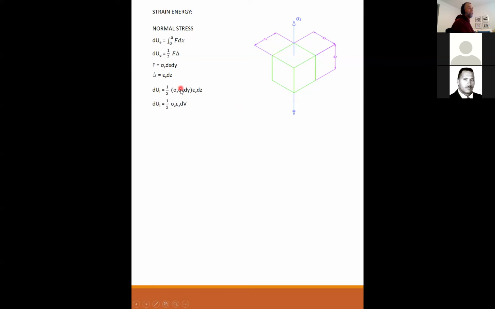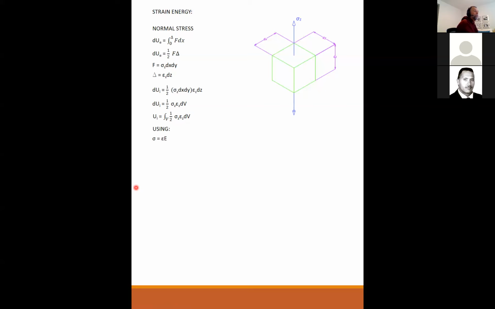Or dx, dy, dz is dv, the volume. So now if I take the integral of dU, the internal energy is equal to the integral over the volume of 1/2 sigma z epsilon z dv.